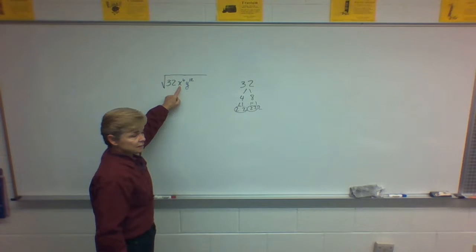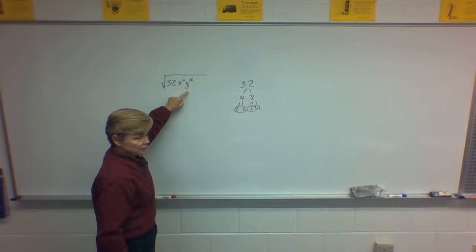Then 3 x's. You see 3 pairs in there? It's x times x times x times x times x times x. And how many y's? 6. Does anybody want to see all the pairs first time around? You want to see what's going on?